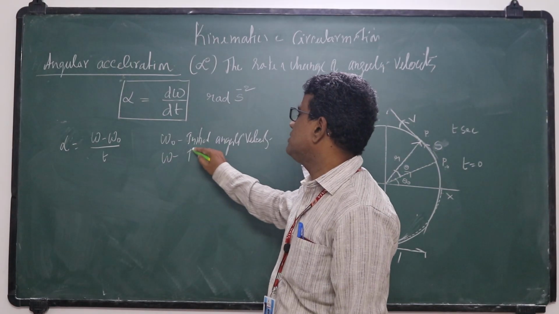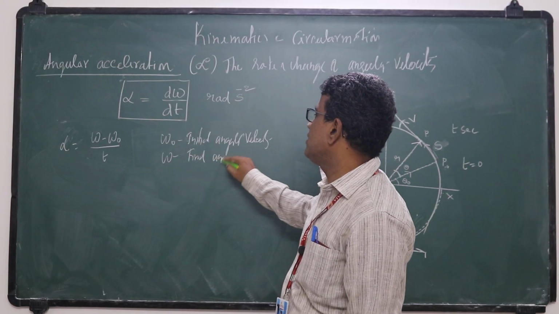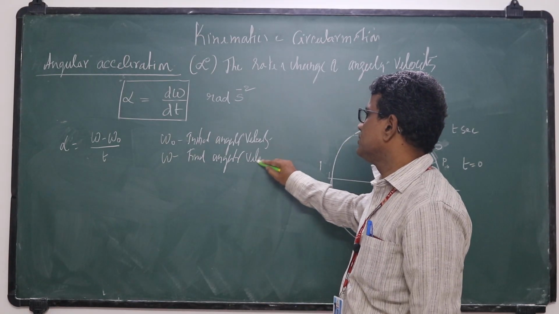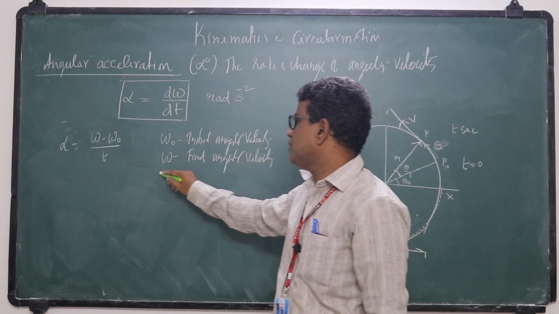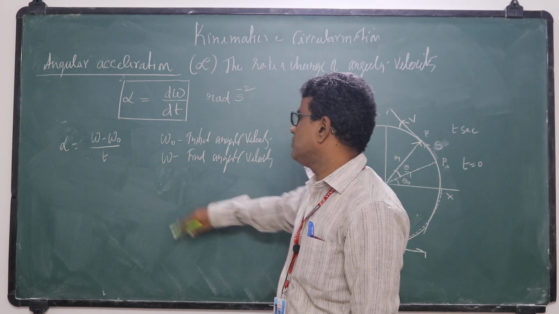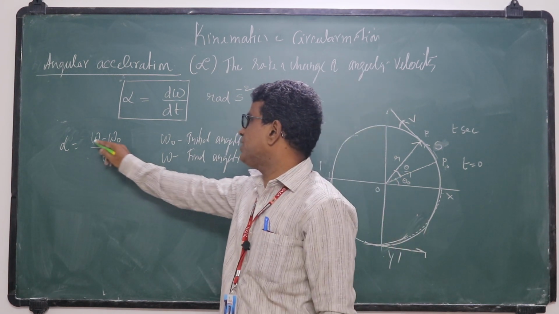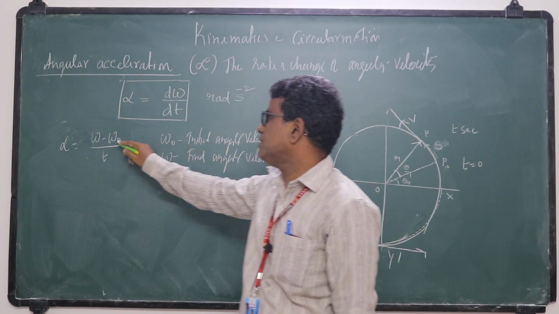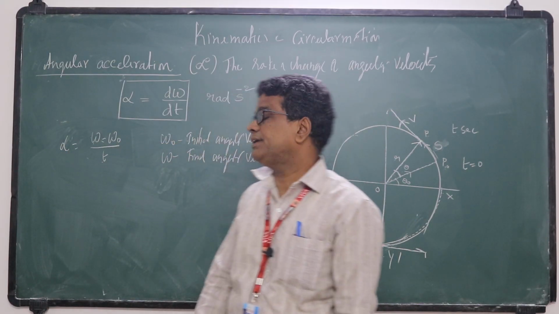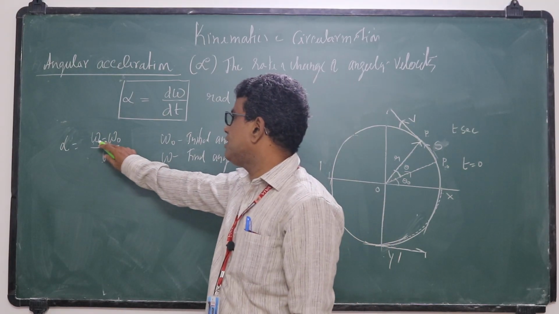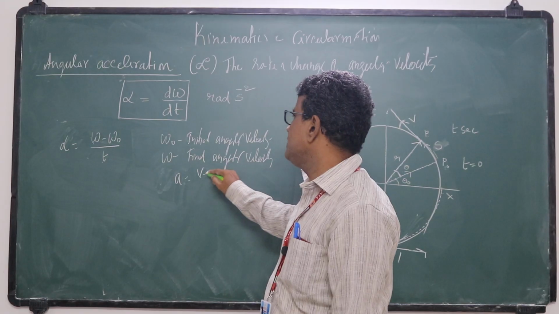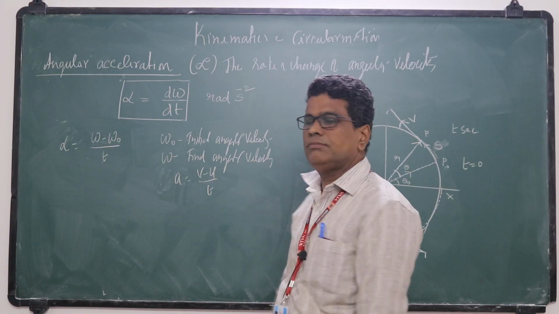What is omega? Final angular velocity. So alpha is equal to change, meaning final minus initial, by time. This is the definition of alpha. As we have written, a is equal to v minus u by t.